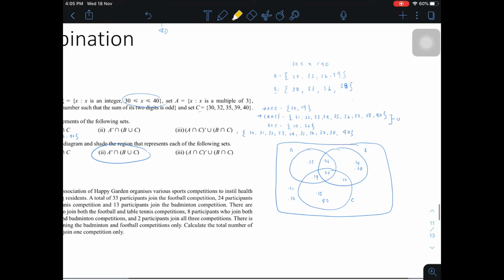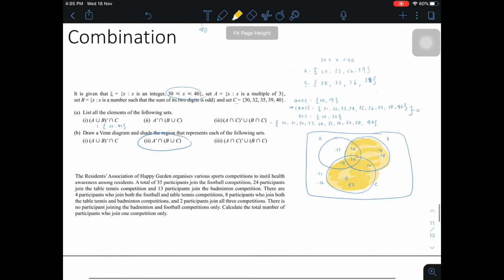And then we want B union C. B union C would be this then, right? So we want the intersection between A prime, which we drew here just now, and B union C. So if we see clearly, this would be the intersection then, and this would be the intersection. Right. So that's about it.